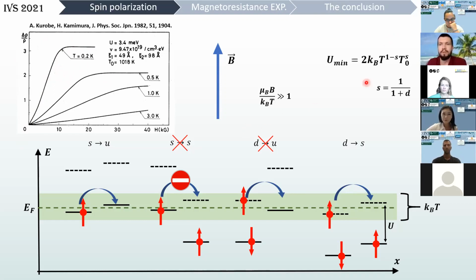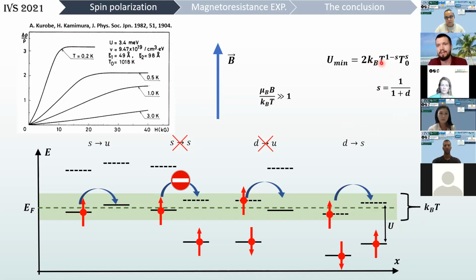An additional important feature of this model is that the Coulomb correlation must be large enough compared to the thermal energy. Kurobe and Kamimura have set the minimal Coulomb correlation which will give rise to this effect.